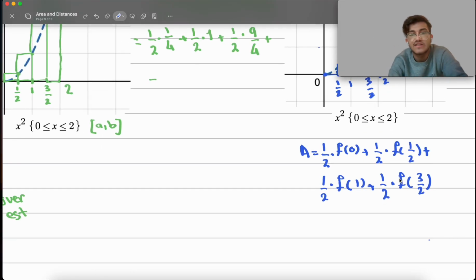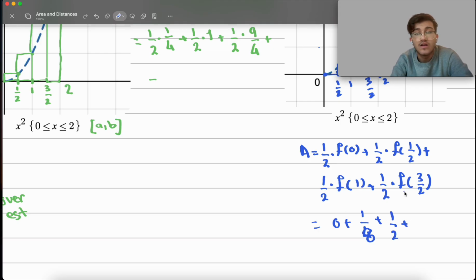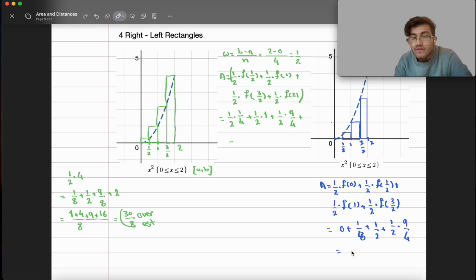Let's do the calculations together. This one here is 0. This one will give me 1 over 4. Sorry, this would be 1 over 8 right here, because this would be 1 over 2 times 1 over 4, which would be 1 over 8. 1 over 2 times 1 will be 1 over 2. This one will be 1 over 2 times 9 over 4, which will give me 9 over 8.